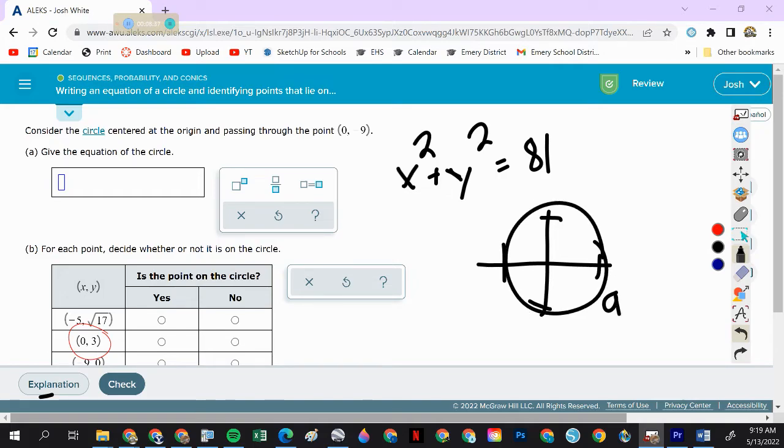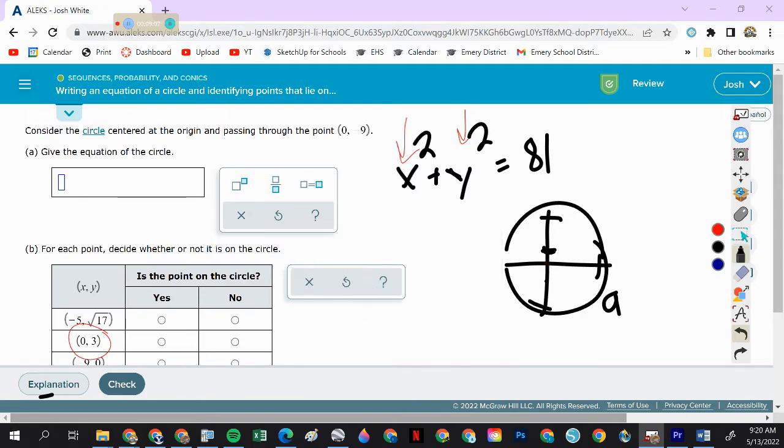And it wants to know, is 0, 3 on the circle? No. Okay. Well, what if I'm not sure? How do I check to see if 0, 3 is on the circle? Plug the points into x and y and see if it equals 81. So I stick a 0 in there, and I stick a 3 in there. Is that equal to 81? No. So that point does not lie on the circle.